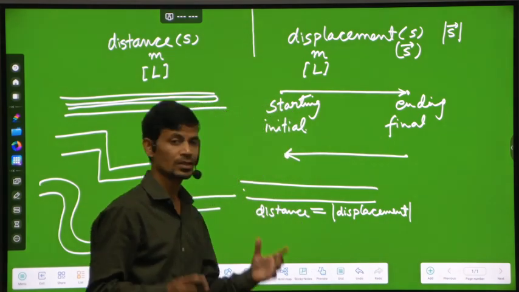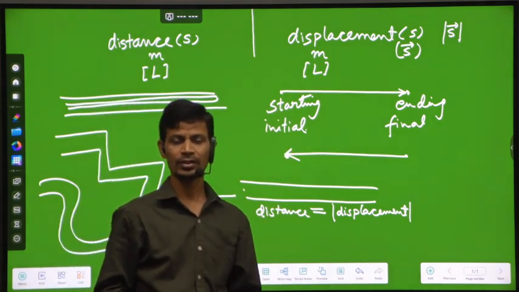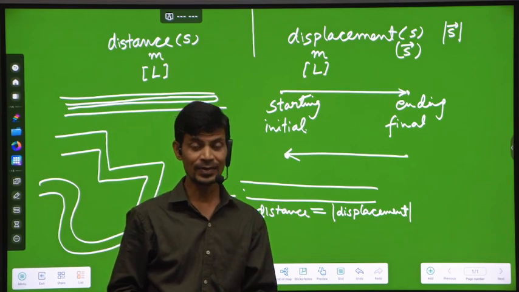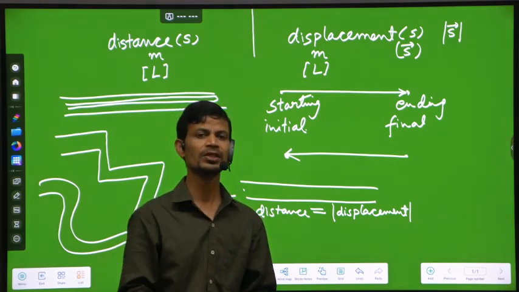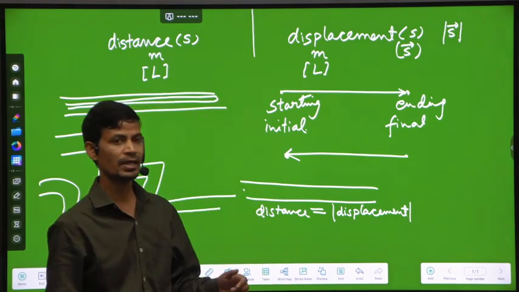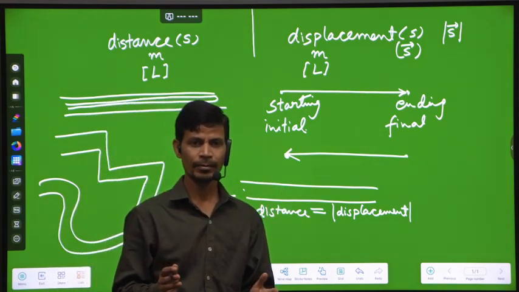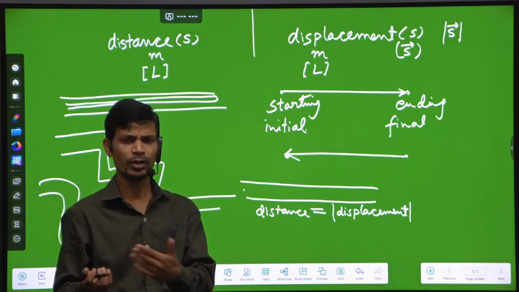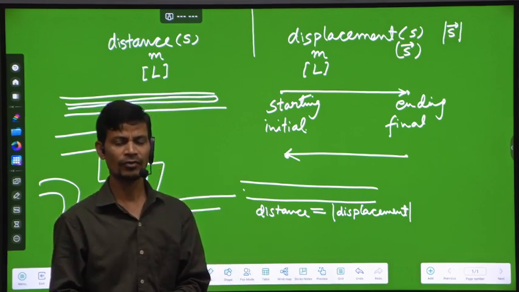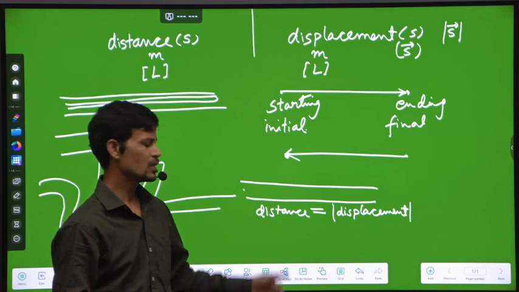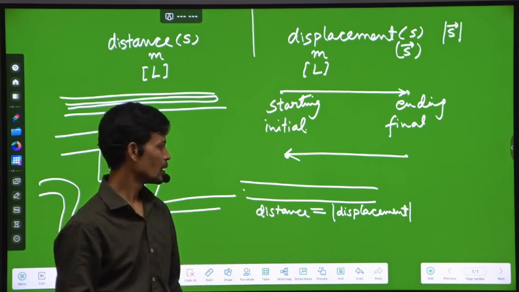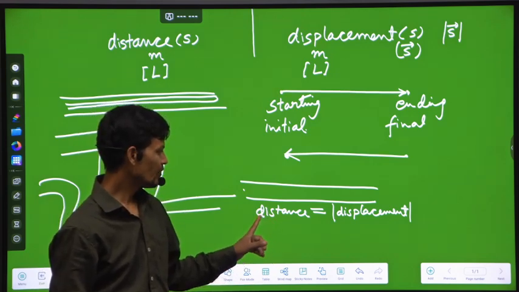We have to take its numeric value only, because displacement can be negative, positive, even zero, but distance can be positive only. It can be zero if the body is not moving, but for a moving object distance must be positive only.